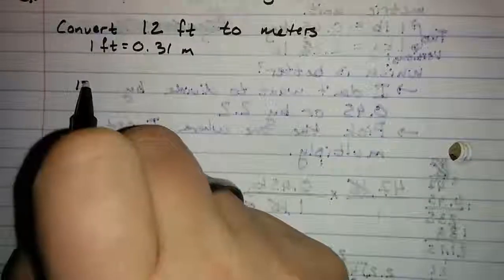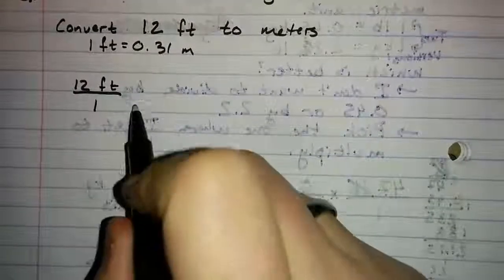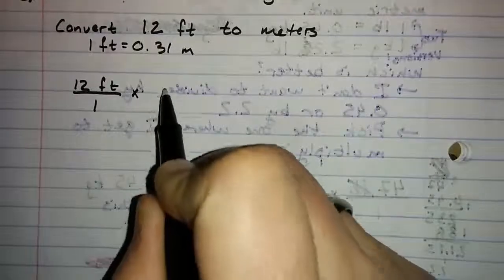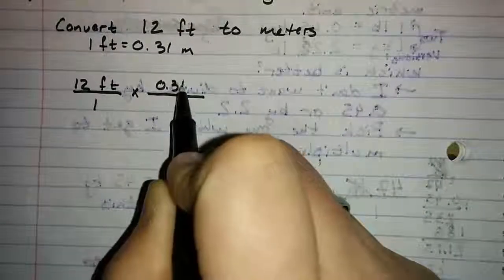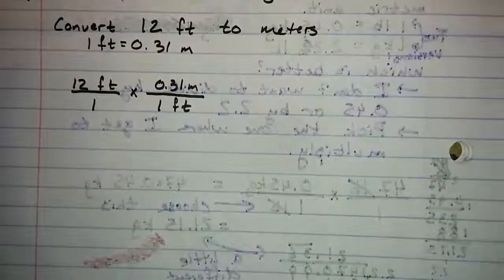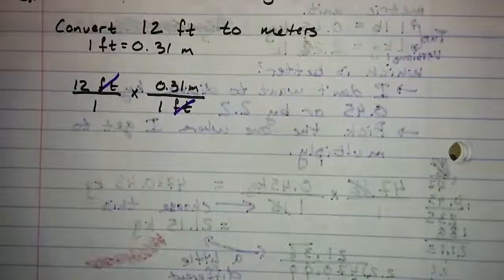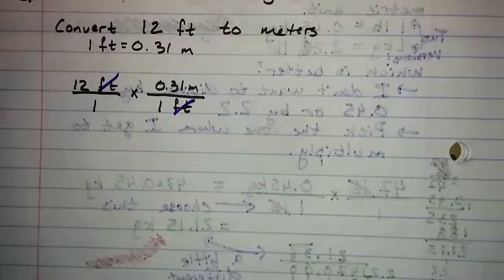So I'll have 12 feet over 1 times 0.31 meters over 1 foot. I see that feet do cancel, and I do have just ones in the denominator. That tells me that I chose right. If I see something else, I chose the wrong conversion factor.